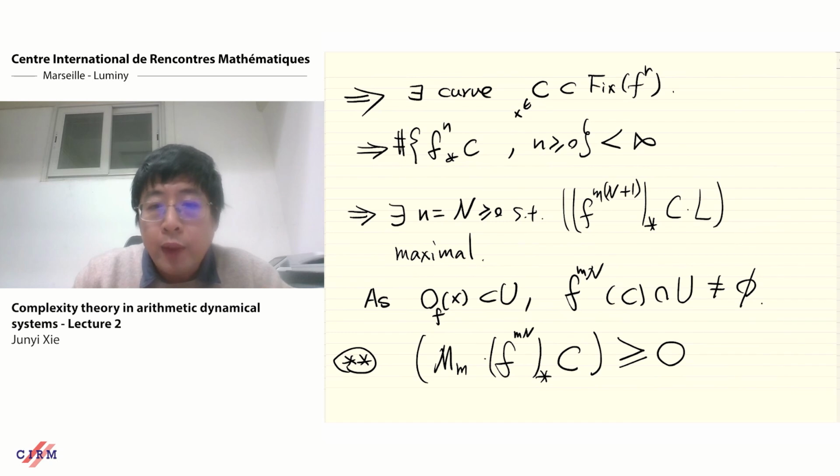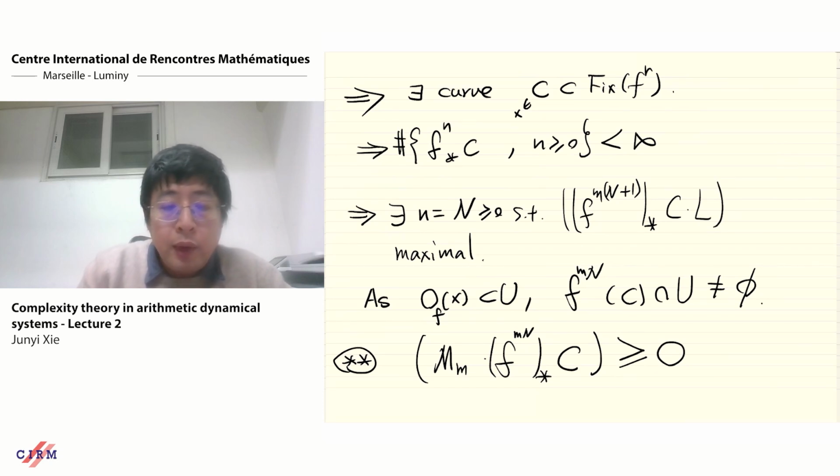Because it's a finite set, you have some positive n such that this intersection number, f^{mn+1} pushforward of C times L, takes its maximum value. Because it's a finite subset, you can always take one element to make this intersection maximum.